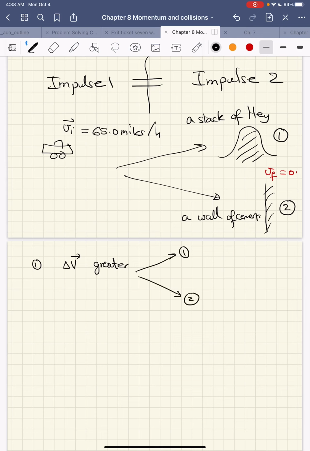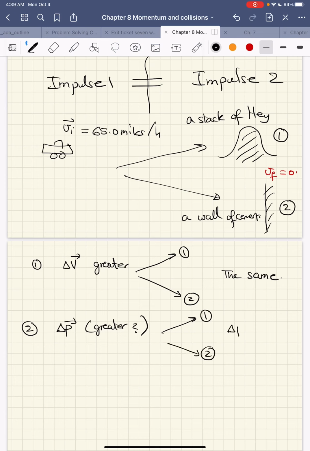When I hit, my change in the velocity, is it the same? Is it greater with the wall of cement or the stack of hay? No, it is the same, because my final and initial are the same. Number 2, when is delta P greater? Is it scenario 1 or scenario 2?